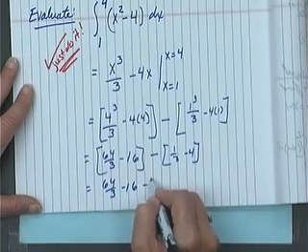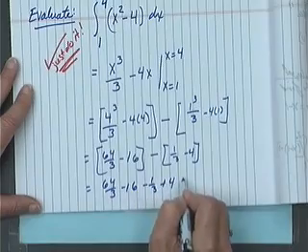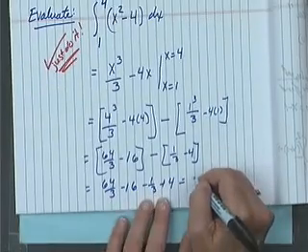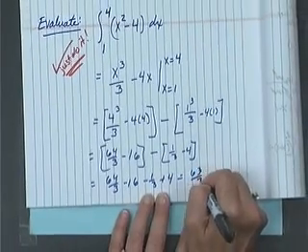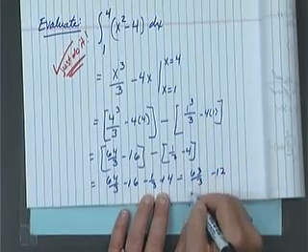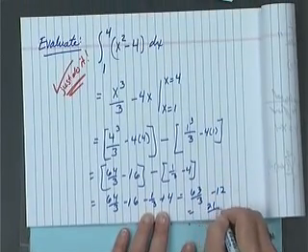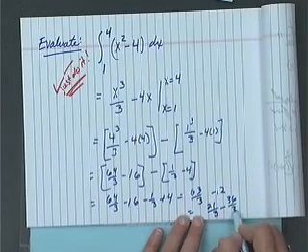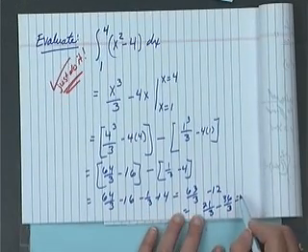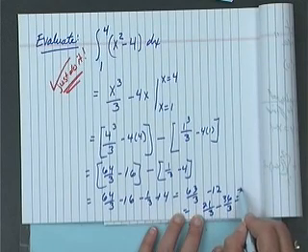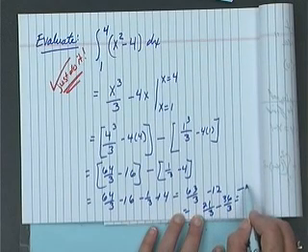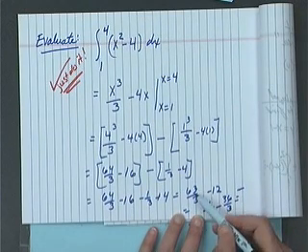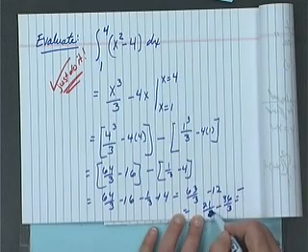How am I doing? Better? Yeah. Okay, that looks like 63 thirds minus 12. 21 thirds minus 36 thirds is 15 thirds. Minus 15 thirds minus 5. Oh, 21.